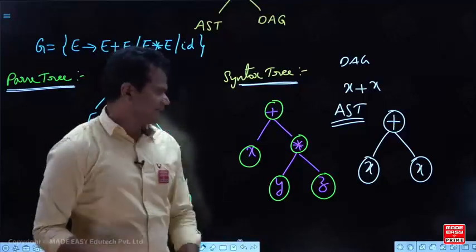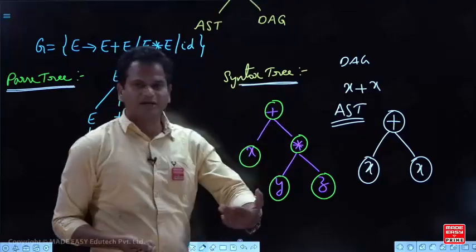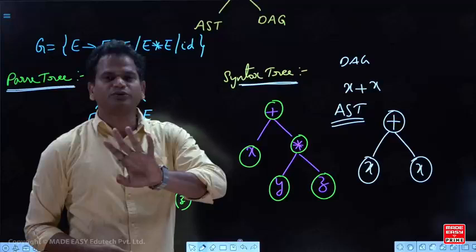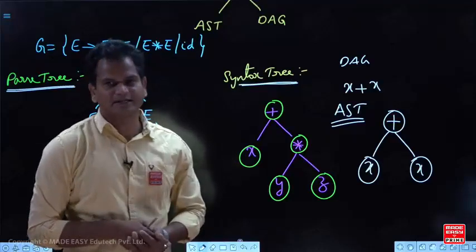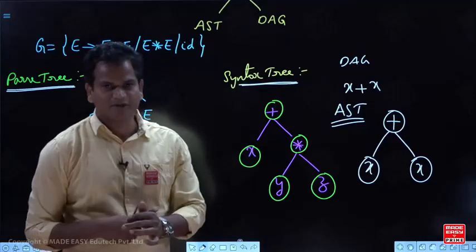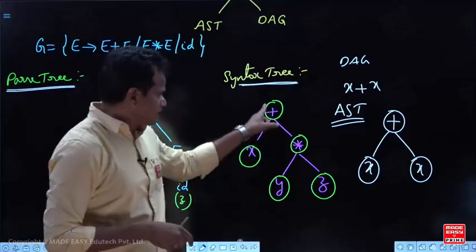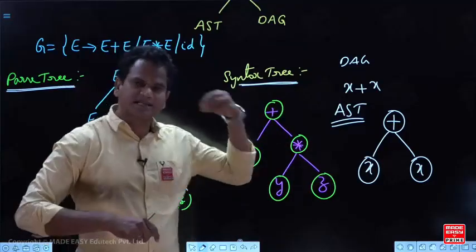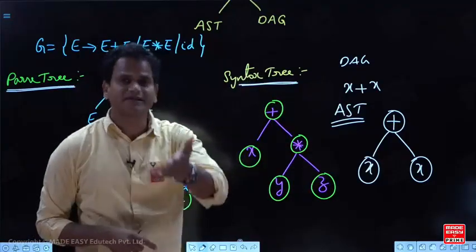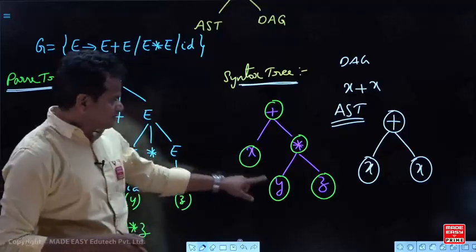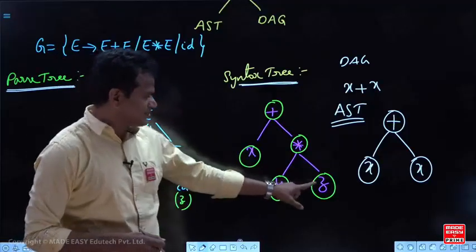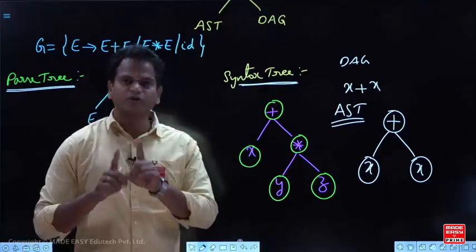The internal nodes are operators, which can be created any number of times as per the requirement. But the leaf nodes, these x, y, z, will be created only once.